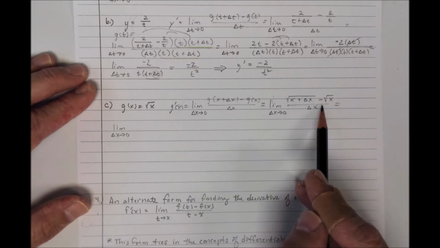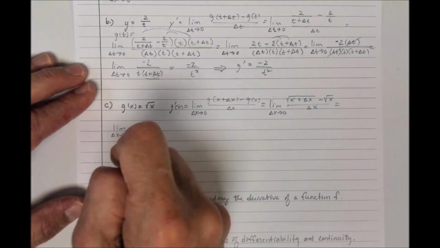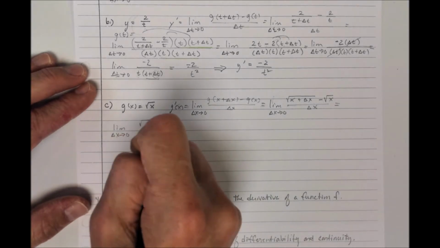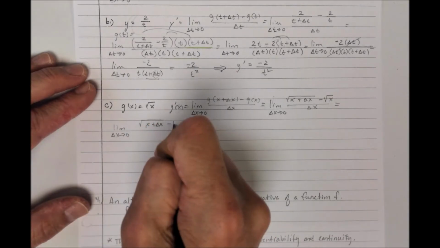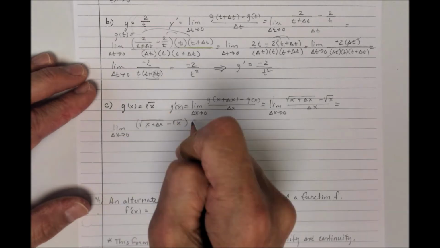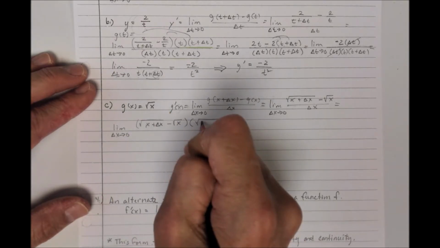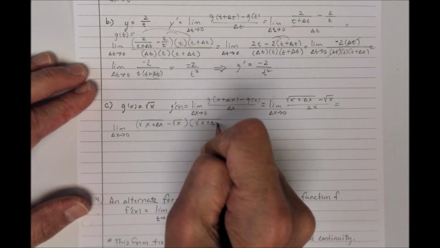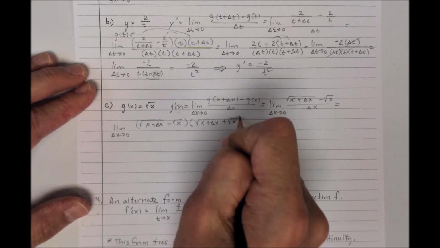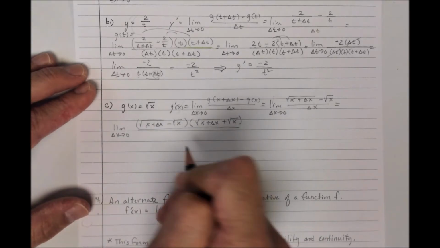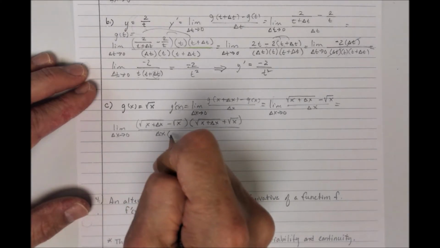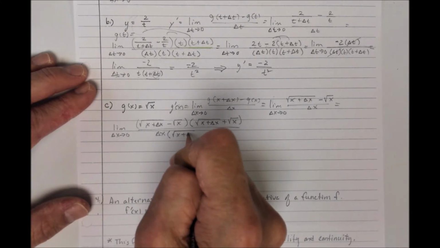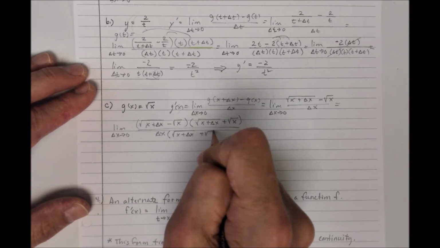So I'm going to write the square root of x plus delta x minus the square root of x, times the conjugate, which is the square root of x plus delta x plus the square root of x, all over delta x times the conjugate there, which is the square root of x plus delta x plus the square root of x.